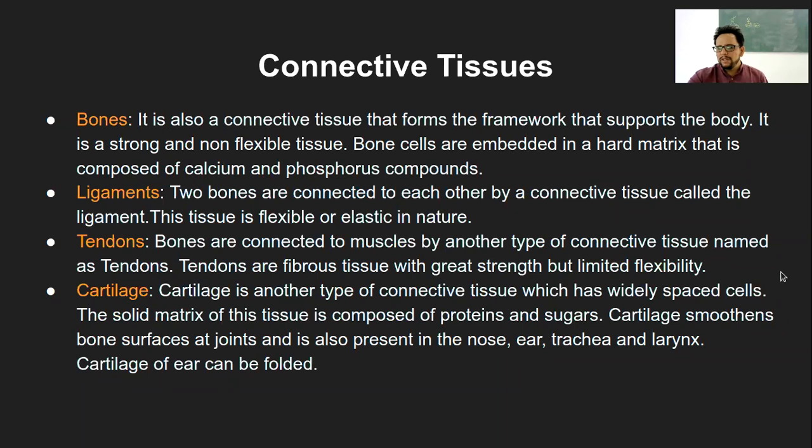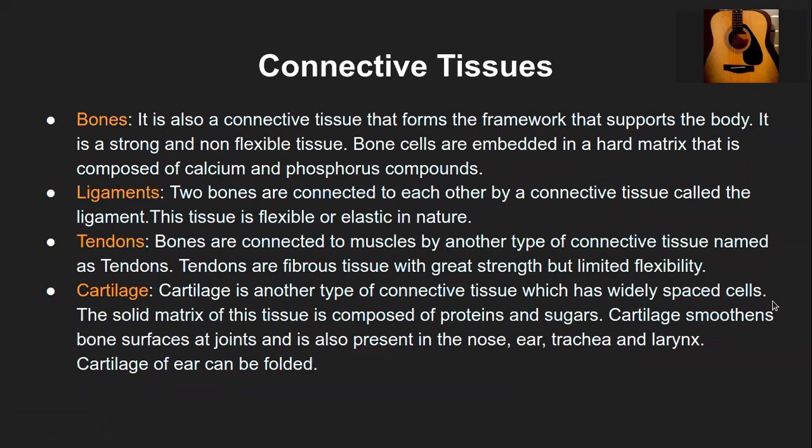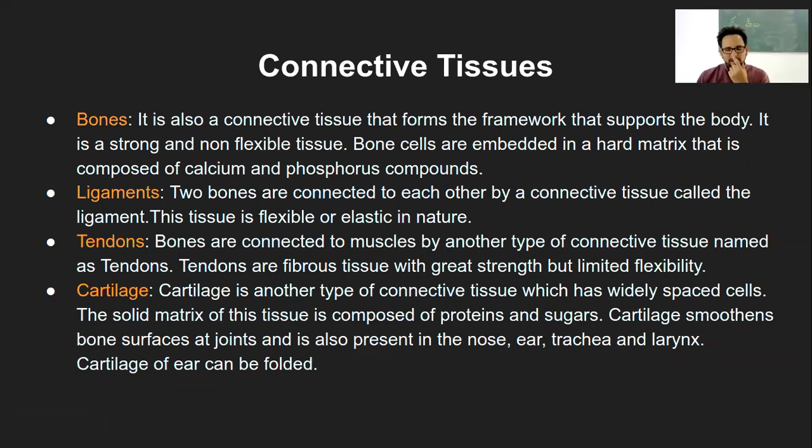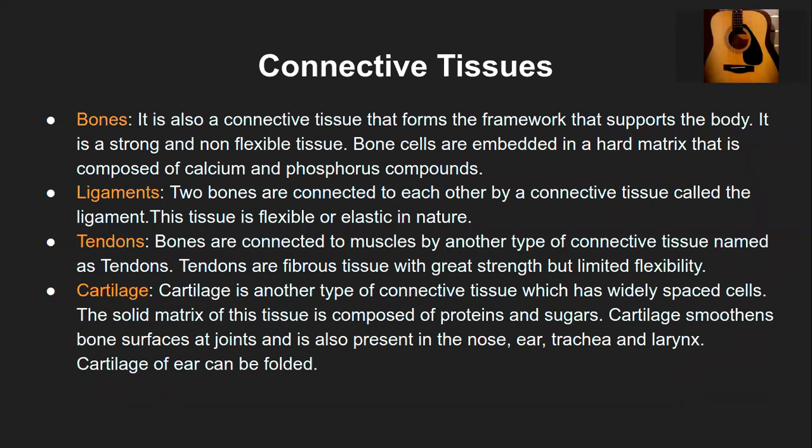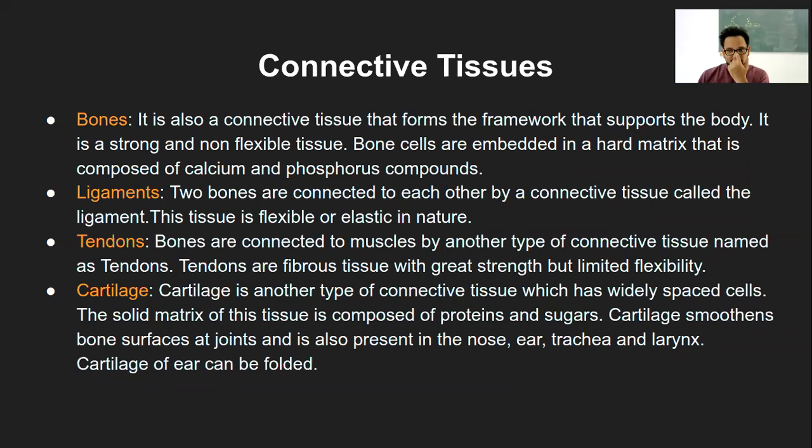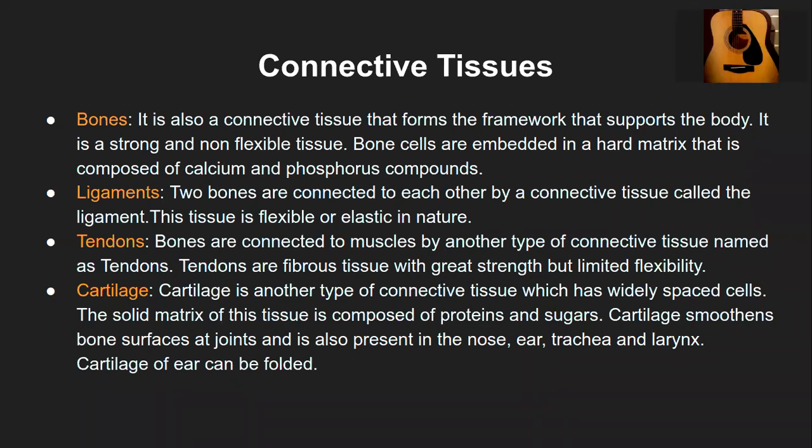Cartilage smoothens the bone surface at the joints, and it's also present in the nose, ear, trachea, and larynx. Like in your nose, if you touch the middle thing separating it, that's cartilage, not bone. The front part, the tip of the nose, is all cartilage, and the bone starts somewhere near the eye.